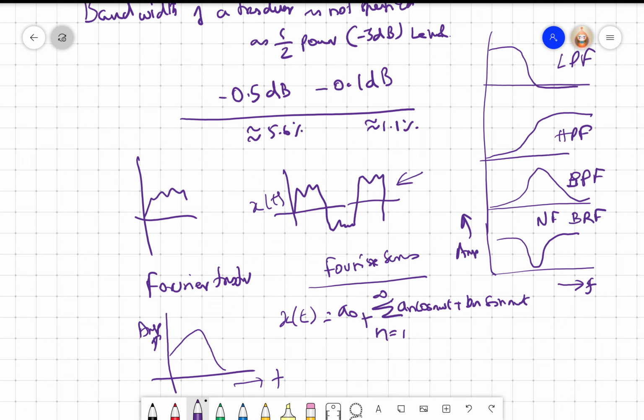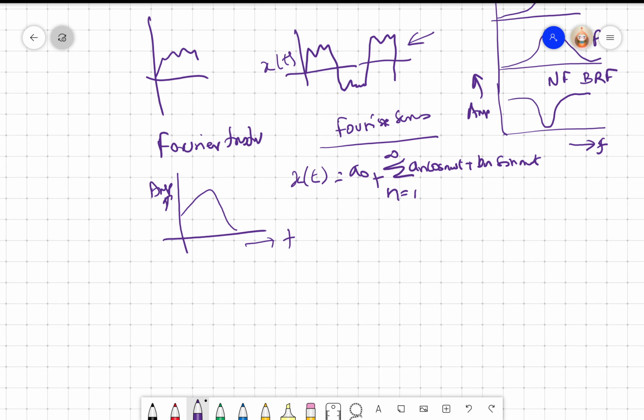Now, apart from the sine signal, there is another form of signal which is known as the impulse signal. Why did we use the sine signal? We said we wanted some standard signal which I can use for representing my input.